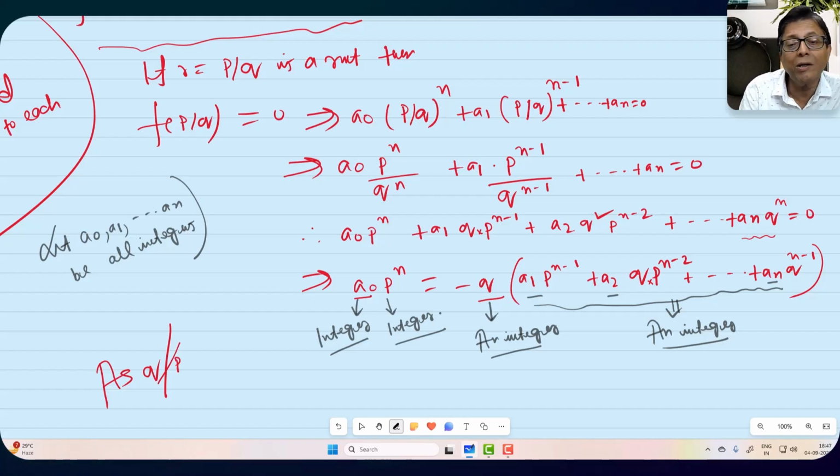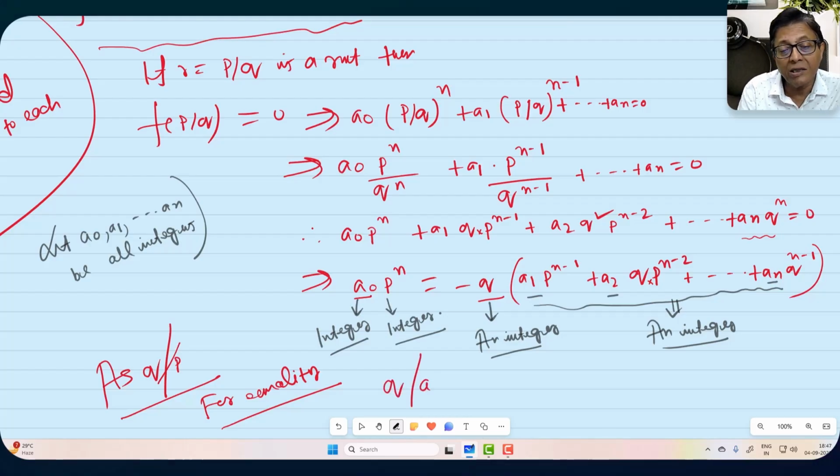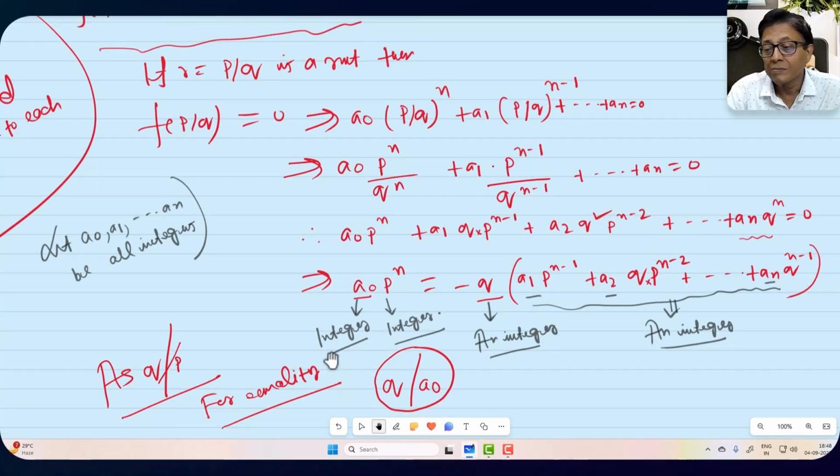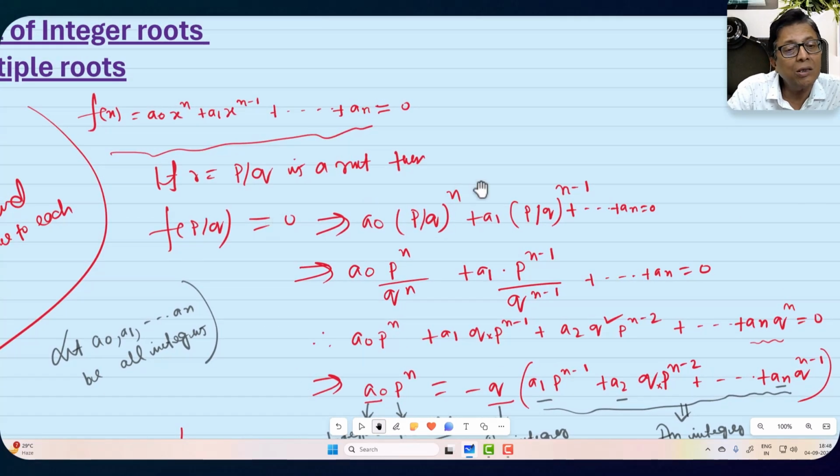So for equality, I mean LHS equal to RHS, q must divide a0. Agree with me? We have considered p by q as a rational root. Now one condition we got here that q must divide a0. This is very important.